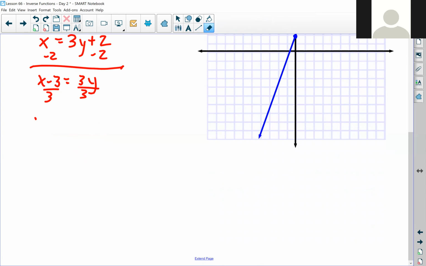I started thinking before I started writing before I started thinking. That should be -2. My mistake. Sorry about that. So (x - 2)/3 is y. That's our inverse.